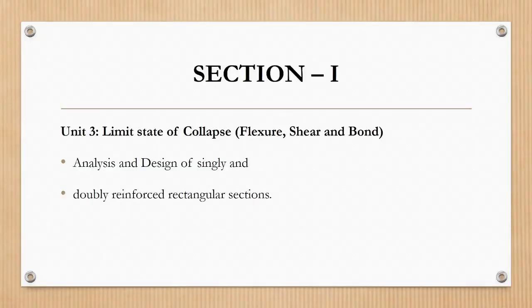Unit number 3 is limit state of collapse, in which we are going to discuss this limit state of collapse in 3 cases, that is flexure, shear and bond. We are going to deal with the analysis and design of singly reinforced sections and analysis and design of doubly reinforced rectangular sections.